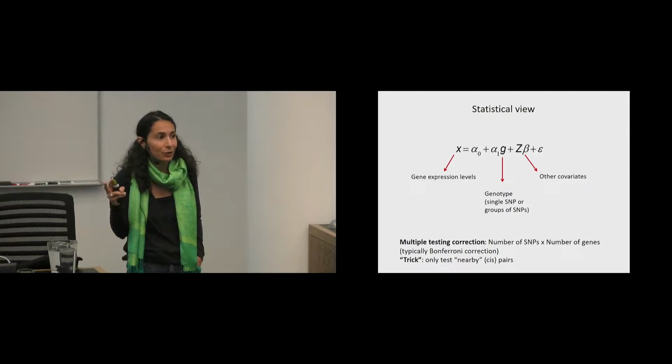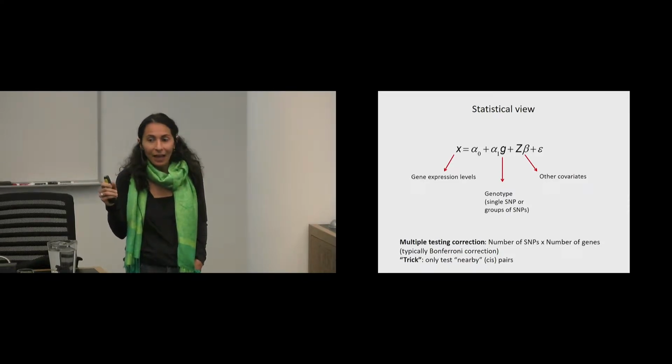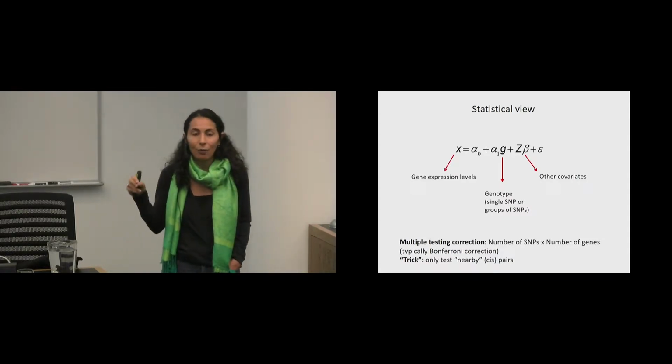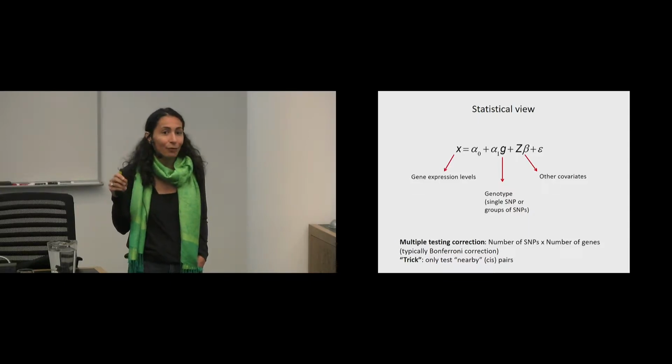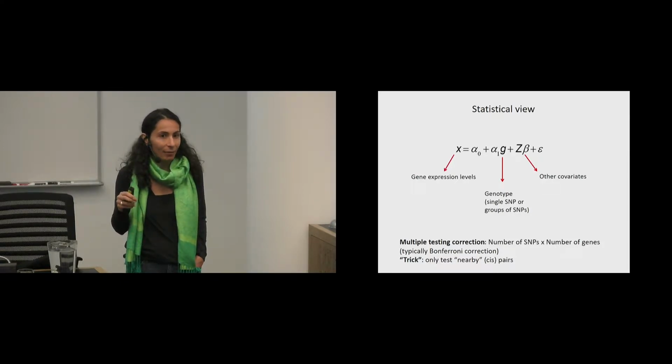There are two tricks to these eQTL studies. The first is that these are computationally very burdensome, because if we were to consider all pairs of SNPs and genes, we would be talking about billions of pairs at least, because there are millions of SNPs and tens of thousands of genes. So we don't want to do this for all pairs. Computationally that would be difficult, but more so statistically, we would have a huge multiple testing problem.